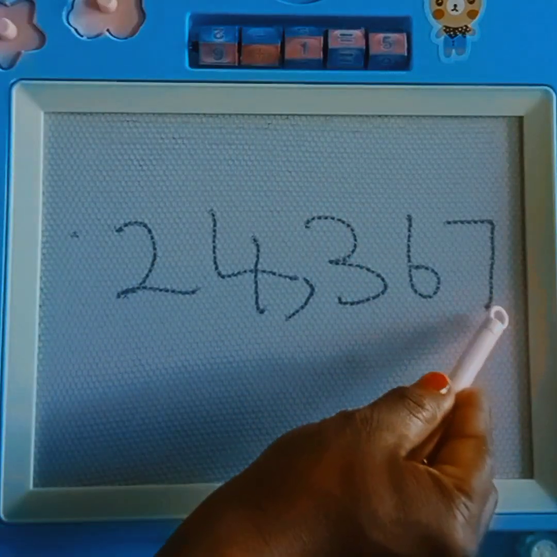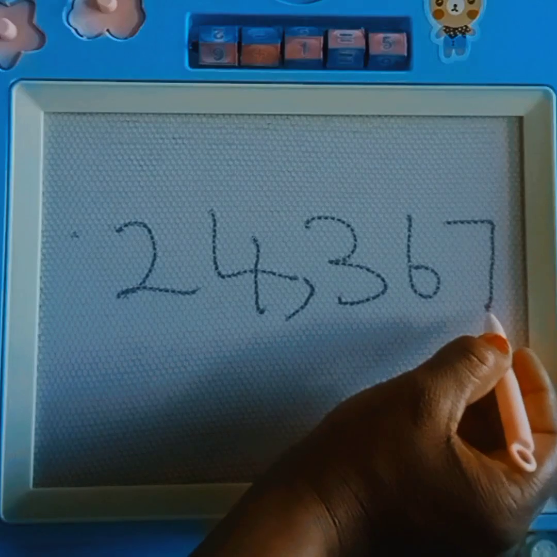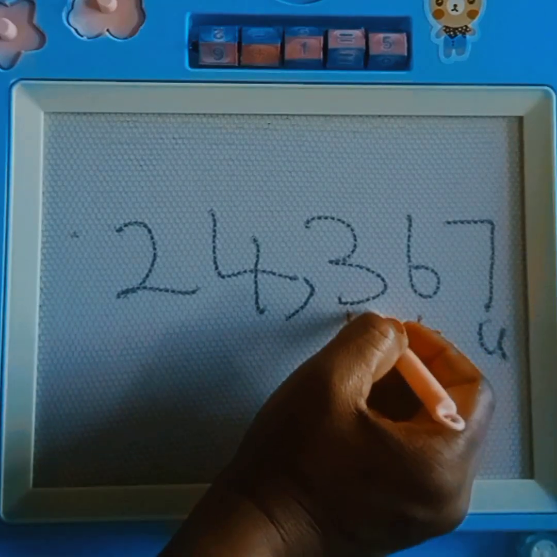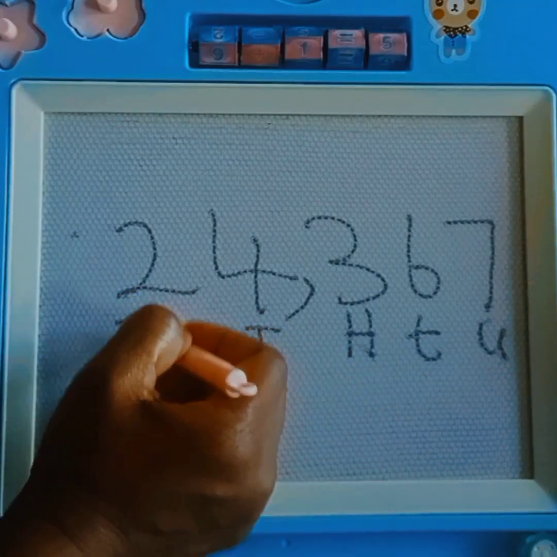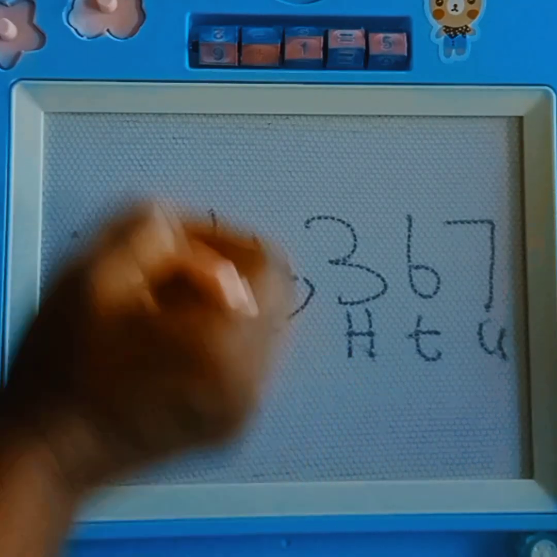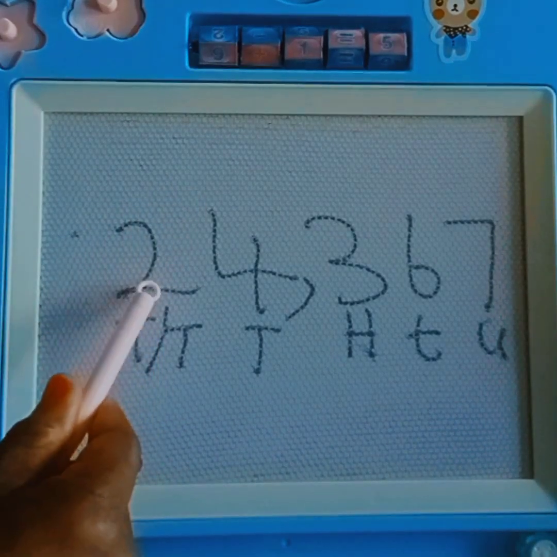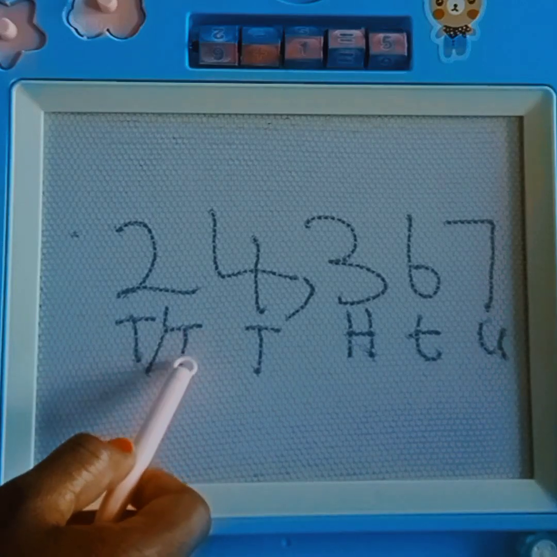Remember, you start from the last digit and work your way up. So our song says unit, tens, hundred, thousand, 10,000.